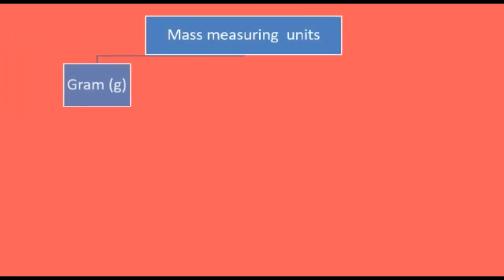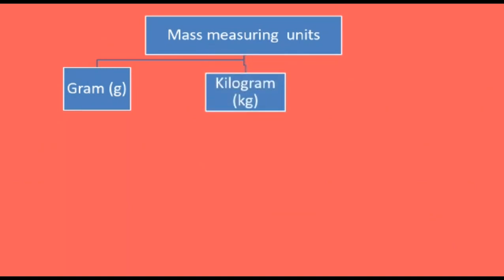Unit is the word you put after the number. Now the measuring units are gram, and its abbreviation is g, kilogram, and its abbreviation is kg, and ton.